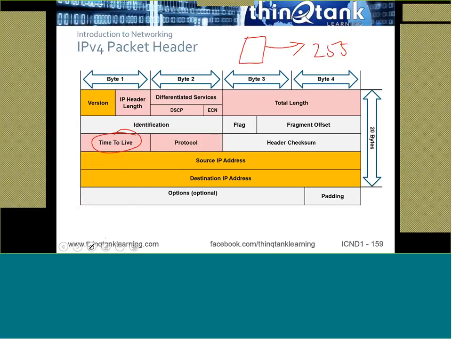Every single time that datagram goes through a router, that TTL value gets decremented by 1. All right? So here I am. I've got my PC. I've generated a datagram. It has an initial TTL of 255. I send that through that router, through this router, through this router.